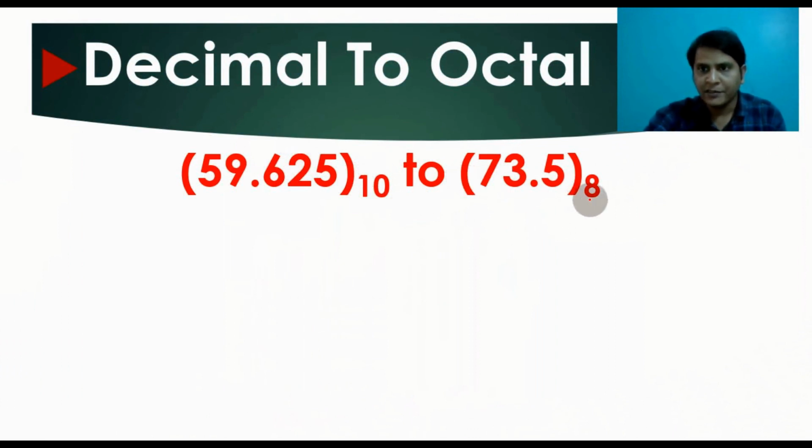In the last video we saw how to convert a decimal number into a binary number. We took the decimal number 59.625 and converted it into binary. Now we will take the same decimal number 59.625 and convert it into an octal number system.